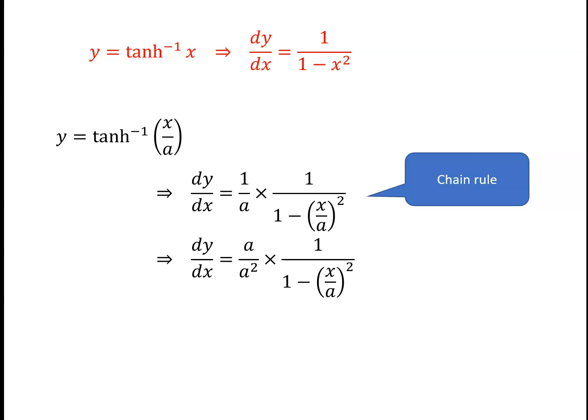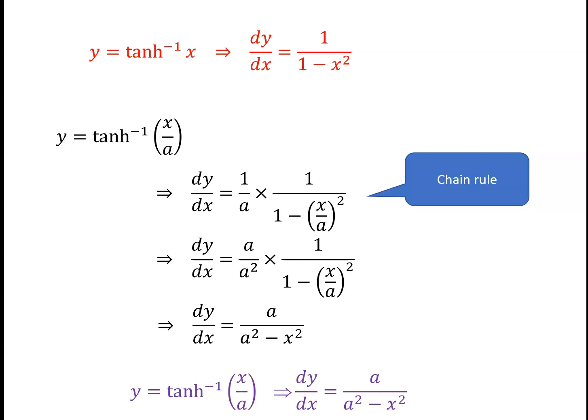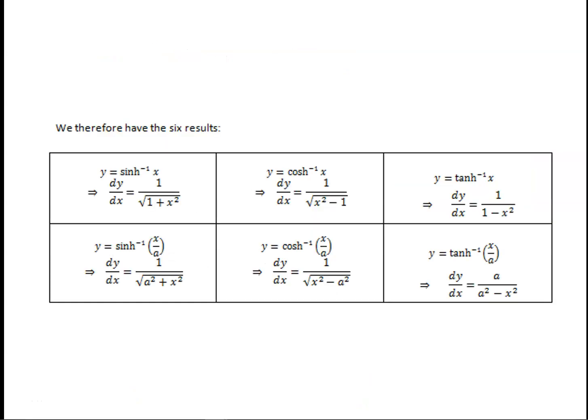So I can write dy by dx as a over a squared times by 1 over 1 minus x over a squared, which simplifies to being a over a squared minus x squared. So we've got, if y equals tanh to the minus 1 of x over a, then dy by dx is a over a squared minus x squared. So we've now established 6 results about differentiation of inverse hyperbolic functions.